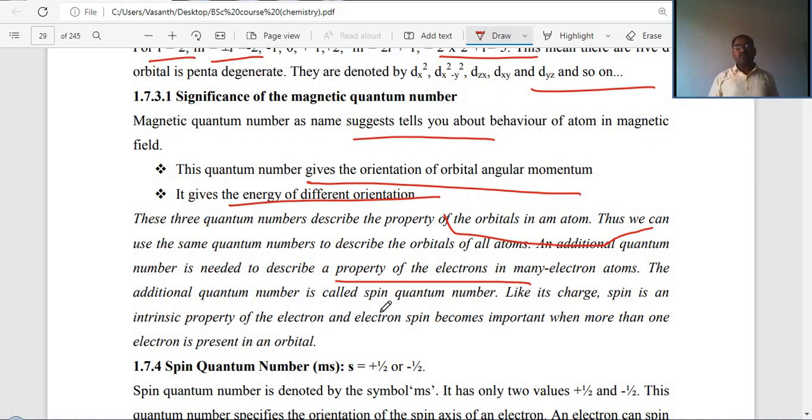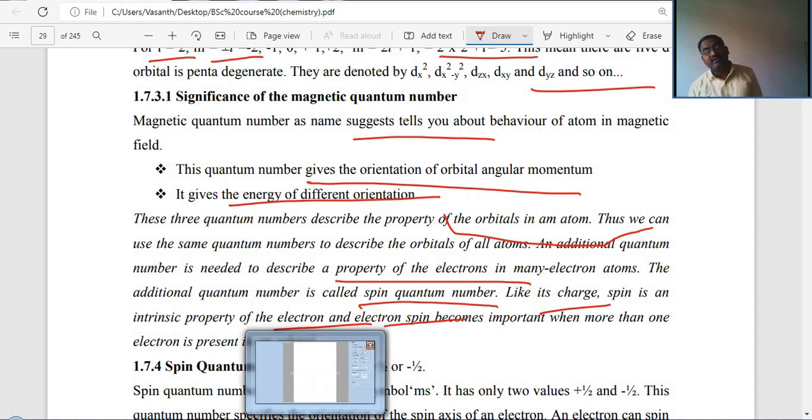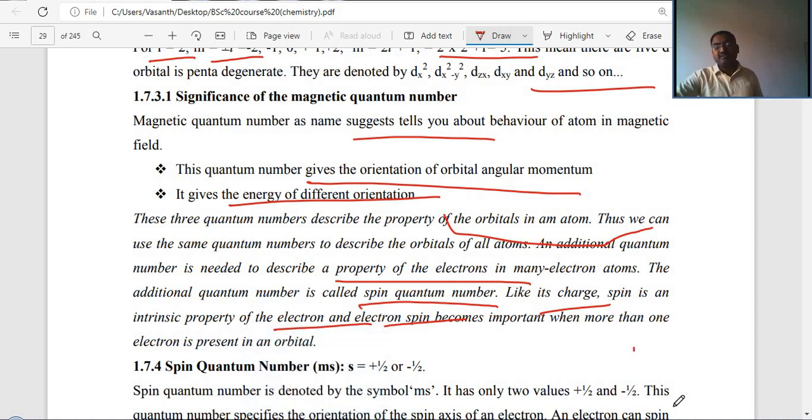The additional quantum number is called what? Spin quantum number. Like charge, spin is an intrinsic property of the electron, and electron spin becomes important when more than one electron is present in an orbital.